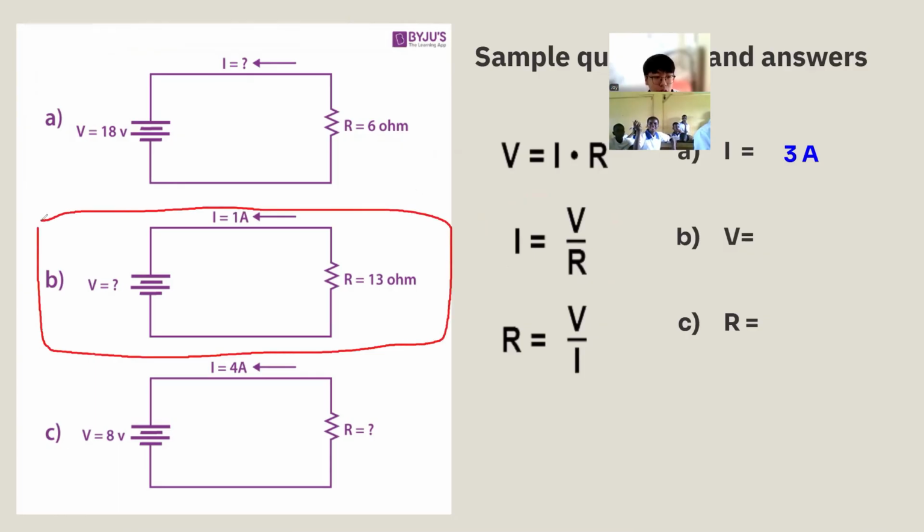So in this case, we are given the current as 1. And we're given the resistance of 13.